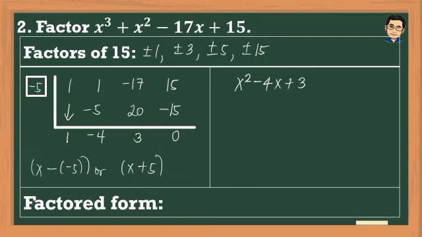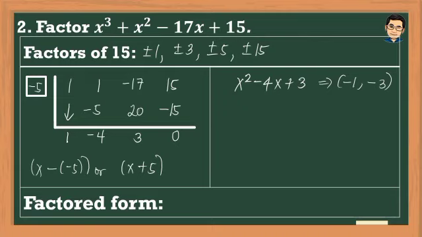So now, using general quadratic trinomial, kukunin natin yung factors ng 3 na kapag pinag-add natin, lilitaw yung negative 4, yung coefficient ng middle term. So yung factors ng 3, negative 1 and negative 3. So negative 1 plus negative 3, that is negative 4. Negative 1 times negative 3, that is positive 3.